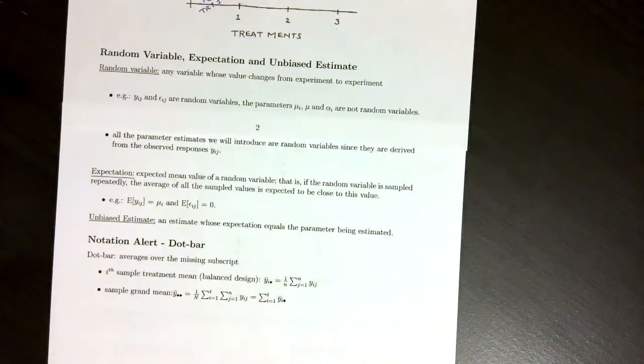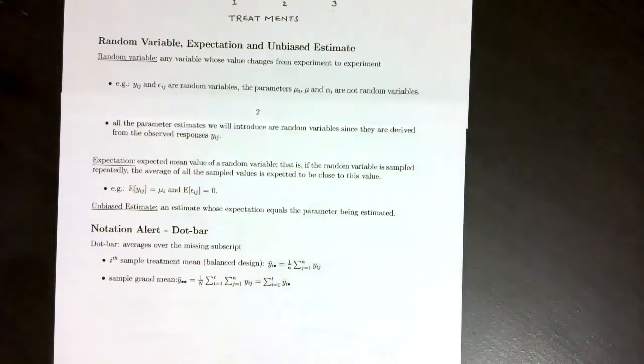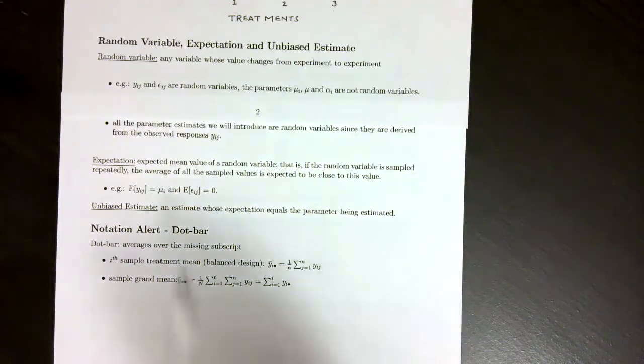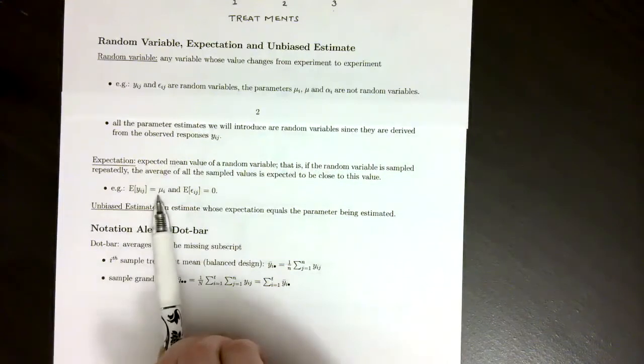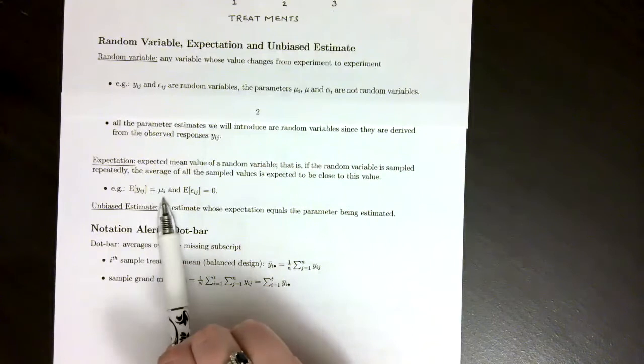So for instance, in the highway example, if we could continually repeat applying paint and finding the response, we would hopefully expect that we would get the group mean or the true population parameter.